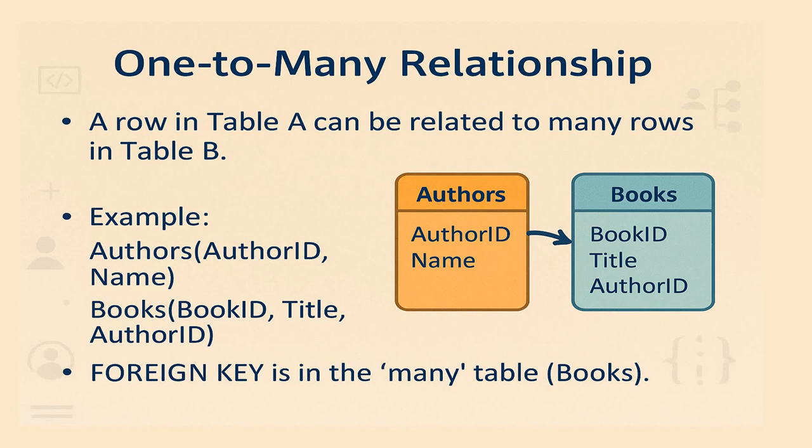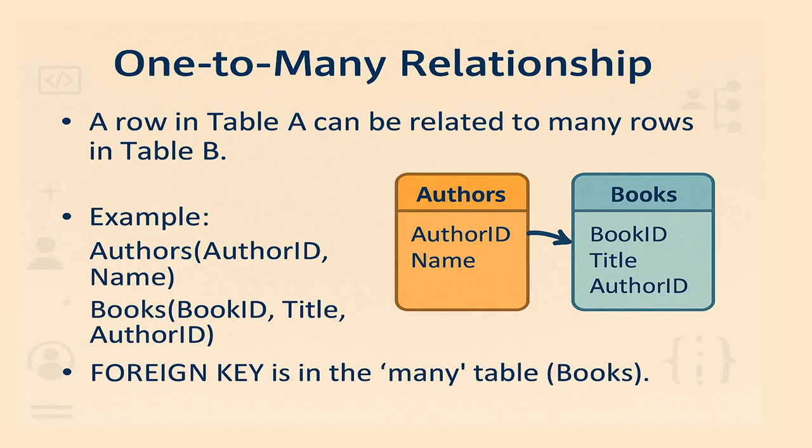Let's say, I know it's not really very correct, but let's say one author can write several books, but one book cannot be written by several authors. So one book is connected to one author. One author can write several books.